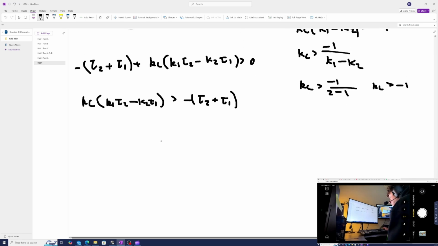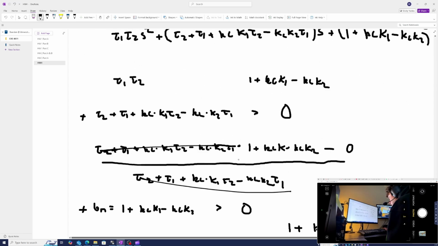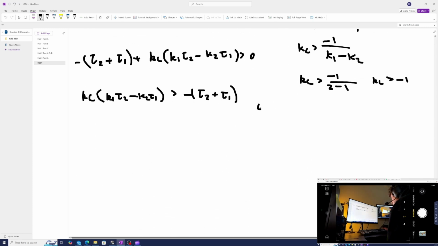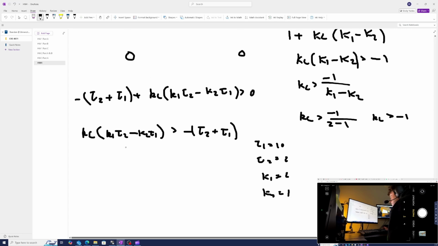So now we can solve these for our givens. Our tau 1 is 10, our tau 2 is 2, K1 equals 2, K2 equals 1. So we get K1, so 2, times tau 2, so 2 again, minus K2, so 1, times tau 1, so 10, so we have minus 6.